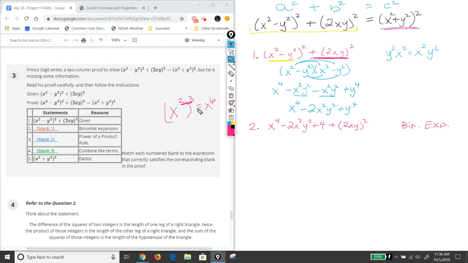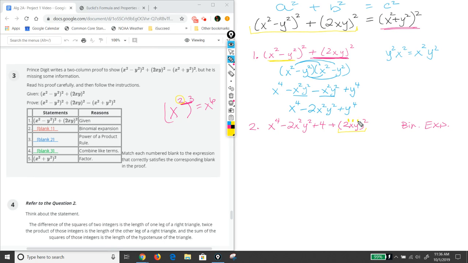So that's the property that he's using, which can be shown right here. Now, I showed you with a very visible exponent. This 2, the x, and the y all have an exponent. They're just not very visible. Super secret exponents of 1.